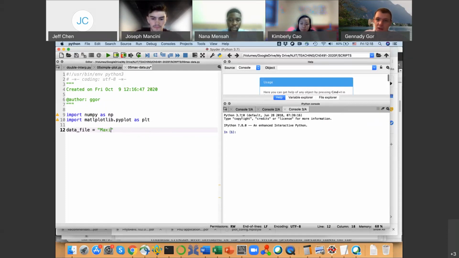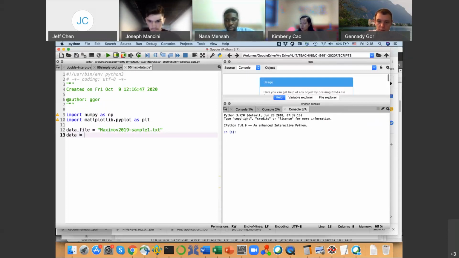Maximov. You can rename it if you don't like this long name. So Maximov 2019 sample1.txt.